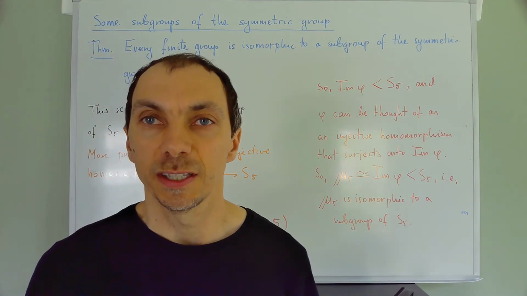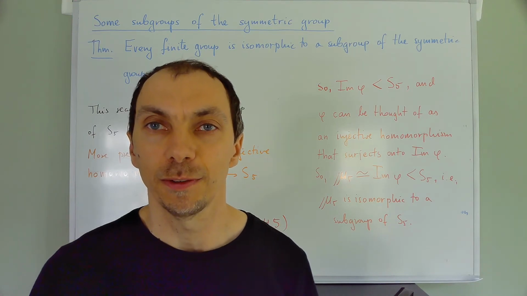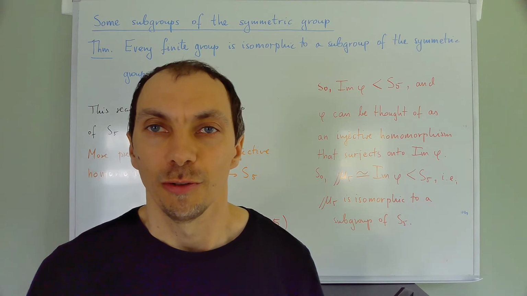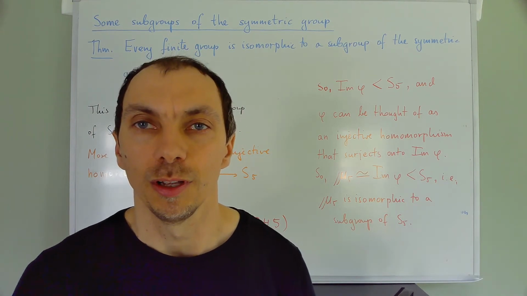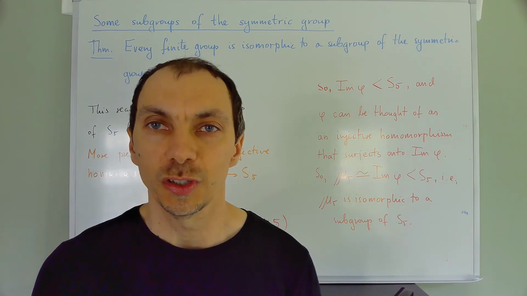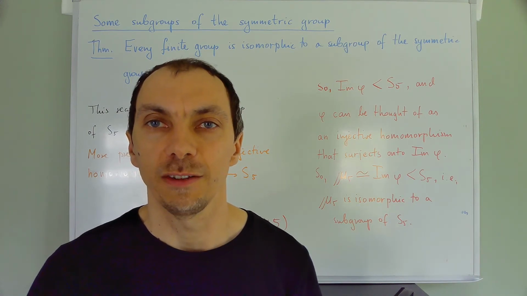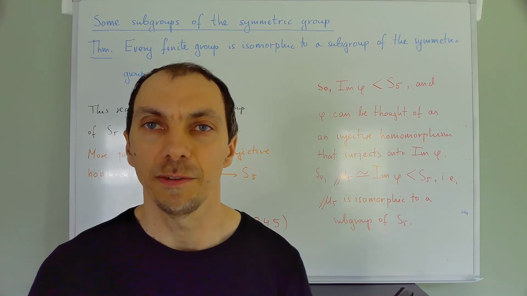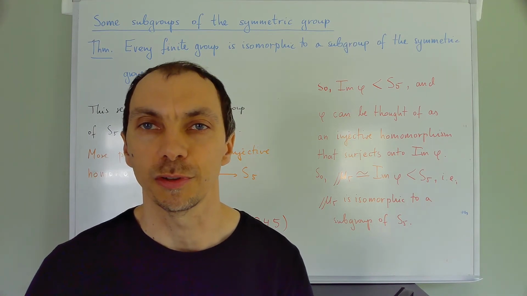So in some sense, every finite group can be thought of as living inside some symmetric group. So if you wish to take that angle, and I do not encourage you to take that angle, you could say that in order to study finite groups, it's enough to just study the symmetric groups, because every finite group somehow lies inside the symmetric group.